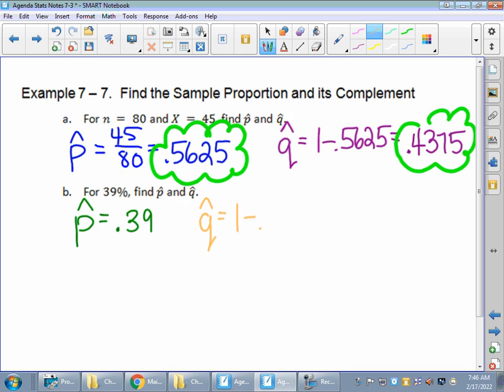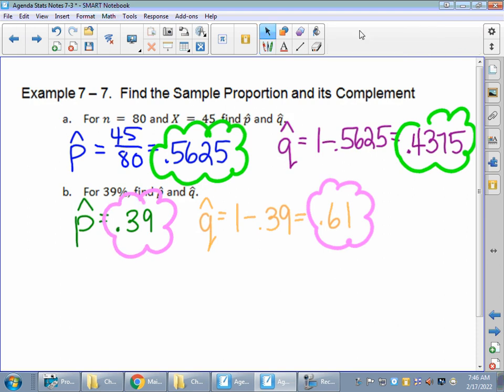Q hat is equal to 1 minus that 0.39, so that's probably something like 0.61. Seems simple, right? So p hat and q hat are items that we're going to need to be able to calculate for our confidence interval for finding sample size.